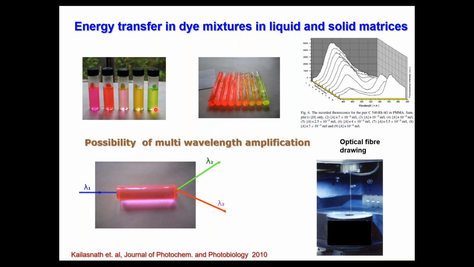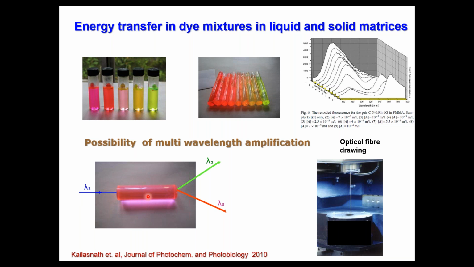You can see different colors starting from pink to green. You can have combinations of these organic dyes doped into this material, then they can be solidified and pumped with a laser, and you can expect more than one wavelength coming out of these structures, and even multi-color lasing is possible.